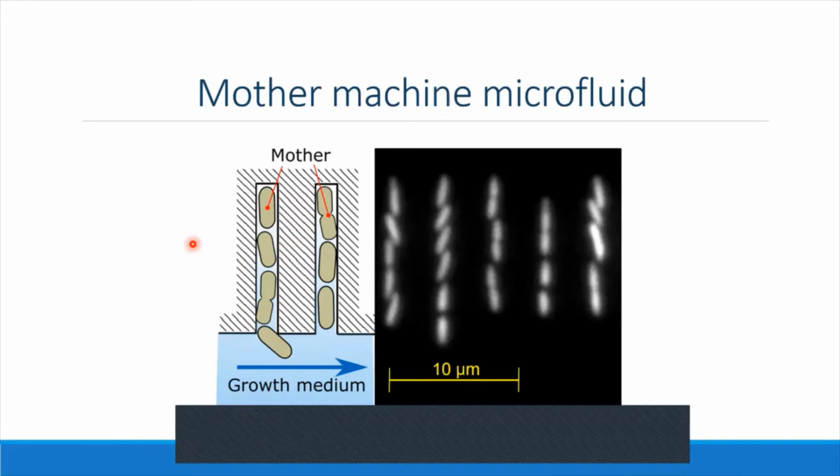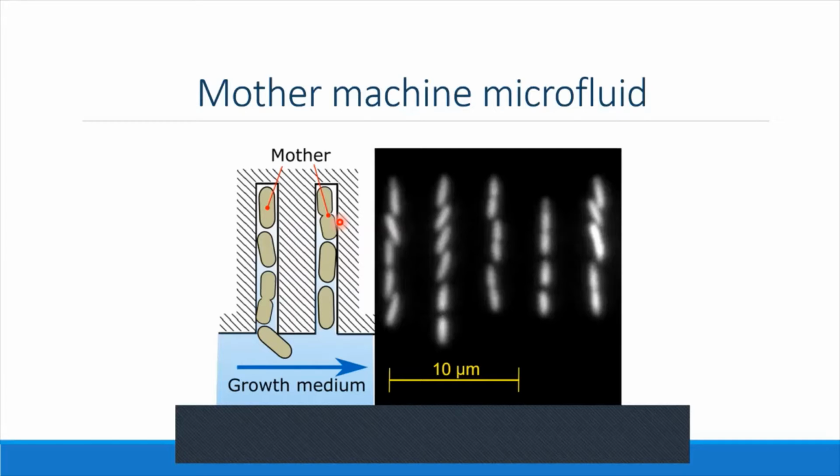Okay, first, let me explain to you about the mother machine experiments, which consist of devices where you can put some bacteria in these trenches, and the bacteria at the bottom of the trenches are called mothers.